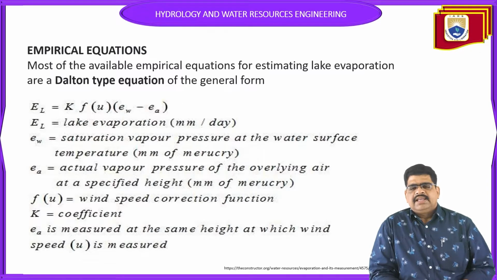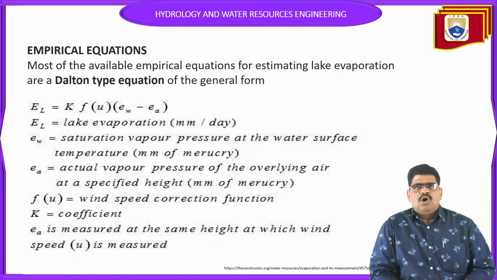Here in the empirical equations, the most commonly available empirical equations for estimating lake evaporation are the Dalton type equations, which are generally used. Next, the formula: EL is equal to K into F of U into (EW minus EA).